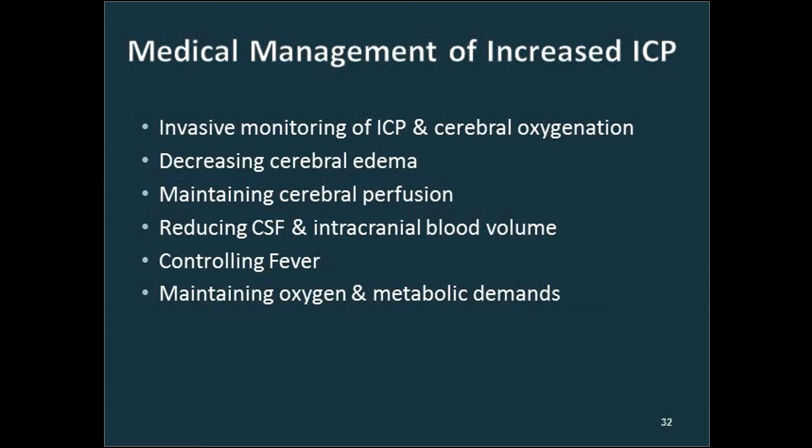Other measures to maintain cerebral perfusion are done by manipulating cardiac output. So we're going to be using drugs like inotropes, just our various vasopressors to manipulate and balance the cardiac output and maintain the mean in an attempt to maintain perfusion pressure. Also going to be doing measures to reduce CSF and intracranial blood volume, which might be a CSF drain.